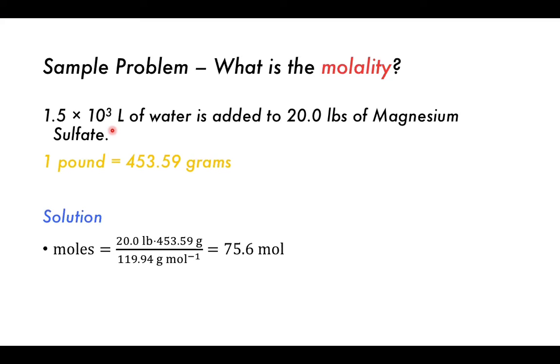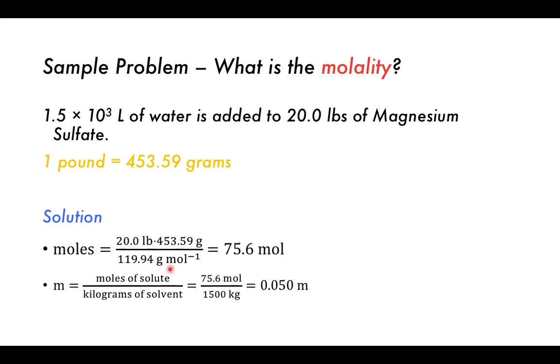So the solution here is to work out the number of moles. The first thing we have to do is convert our pounds into grams. So we'll multiply the 20 pounds by this many grams and then divide by 1,109.94 grams per mole, which is going to be our relative molar mass. That's going to be equal to 75.6 moles.